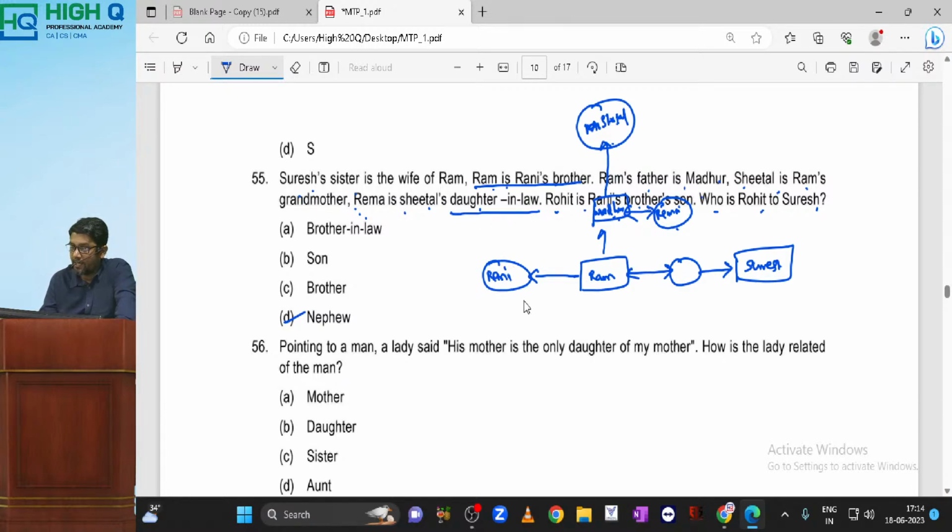Rani has got a brother who is nothing but Ram. And so Rani's brother's son is Rohit, who is Ram's son only. So how is Rohit related to Suresh? Nephew only. From Suresh's point of view, Rohit is nephew.